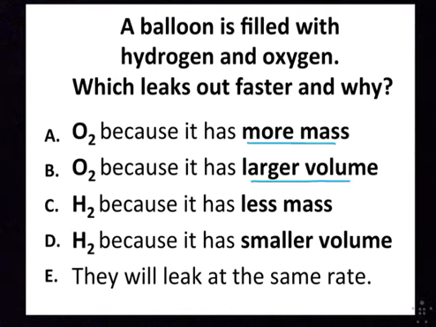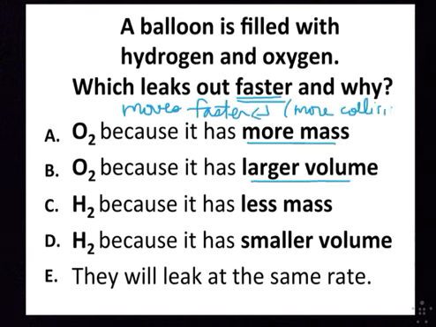Okay, so the molecule that's going to leak out faster is going to leak out faster because it hits the walls of the container more often. So if we're at a fixed temperature, that means it's the molecule that moves faster. Leaks out faster is the one that moves faster. So we want to look at which one has the higher speed. Okay, so moves faster means more collisions.